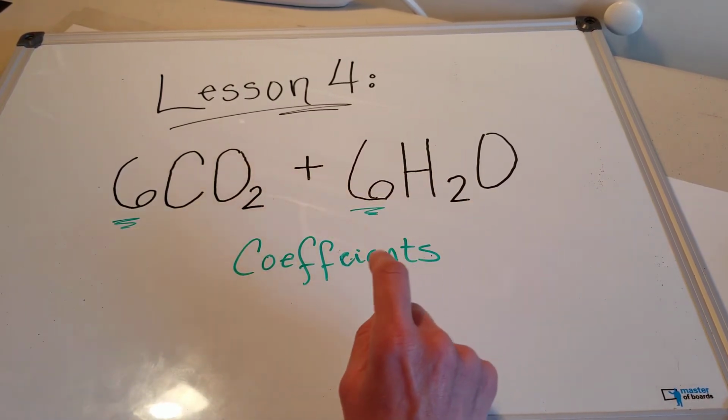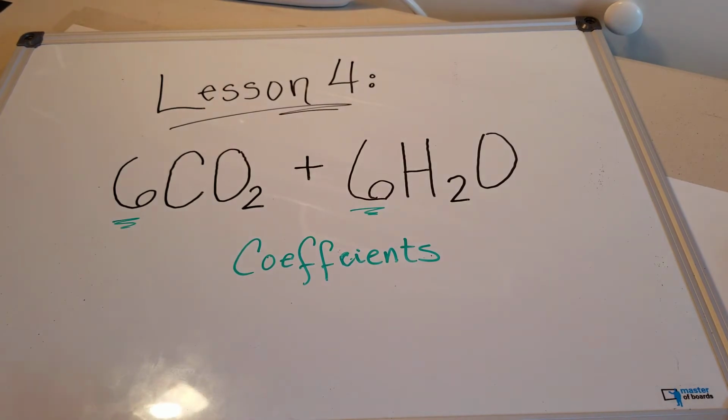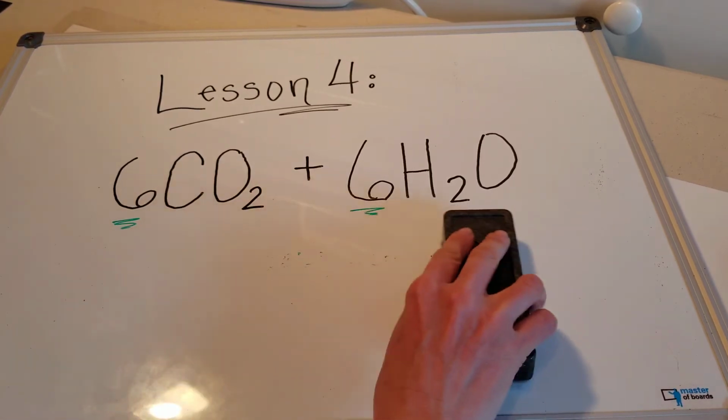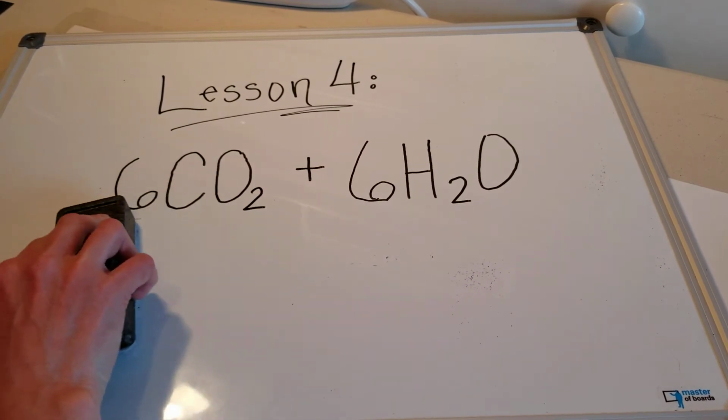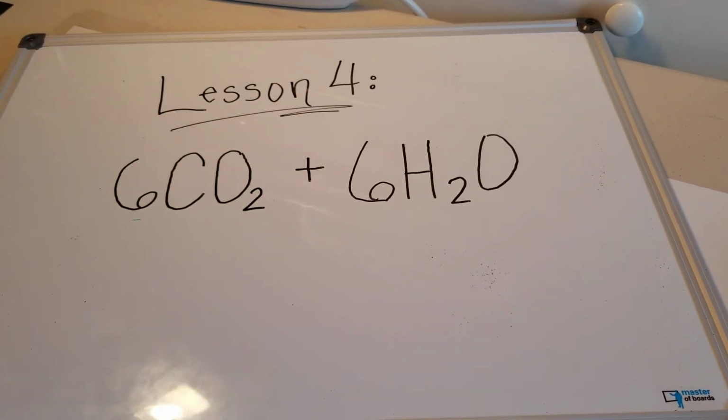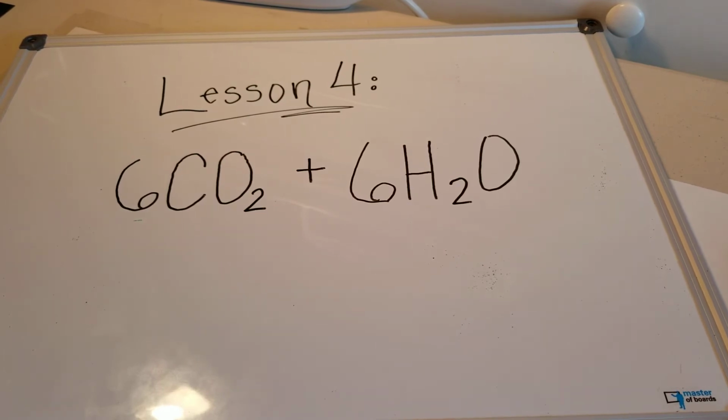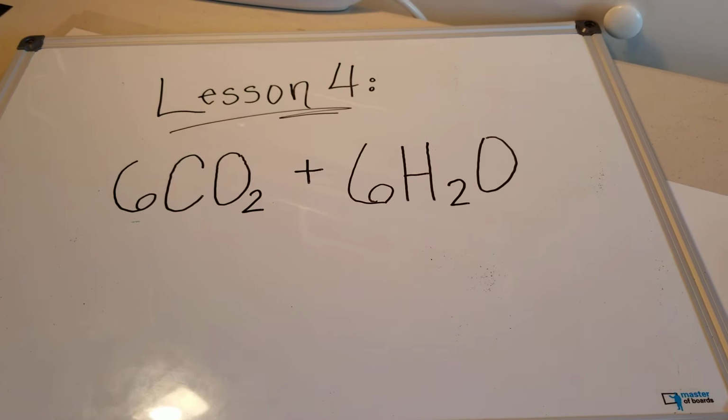But that means we have to do the math a little bit differently to figure out how many atoms we're starting with. That's where the tricky part comes in. So we're going to get rid of some of this extra down here. And we're going to look at how many of each one of our atoms we've got in the overall chemical reaction.